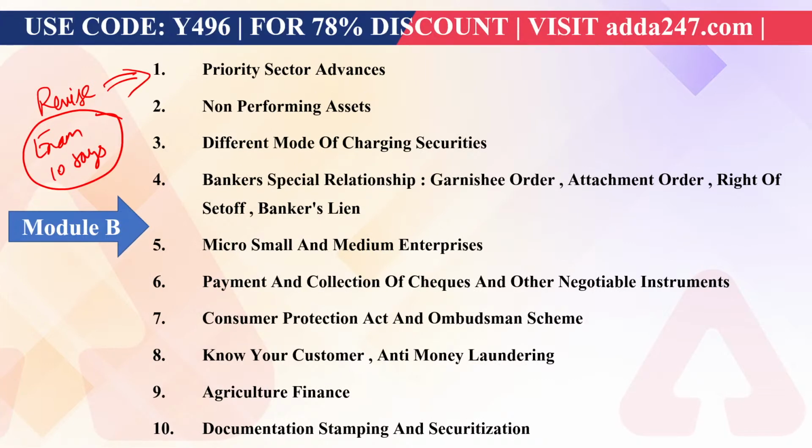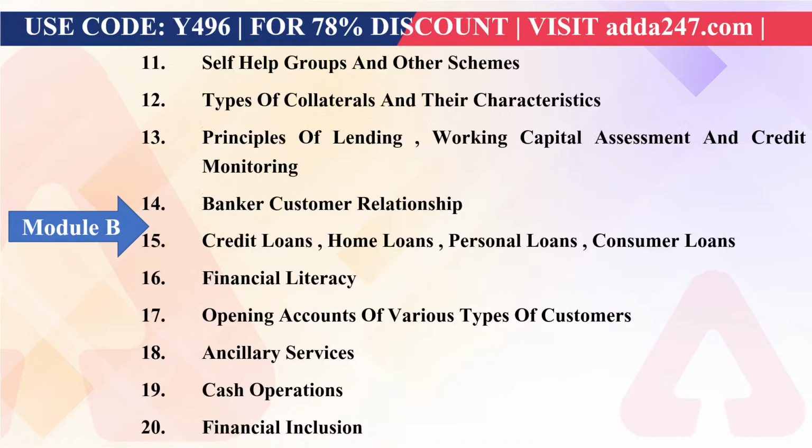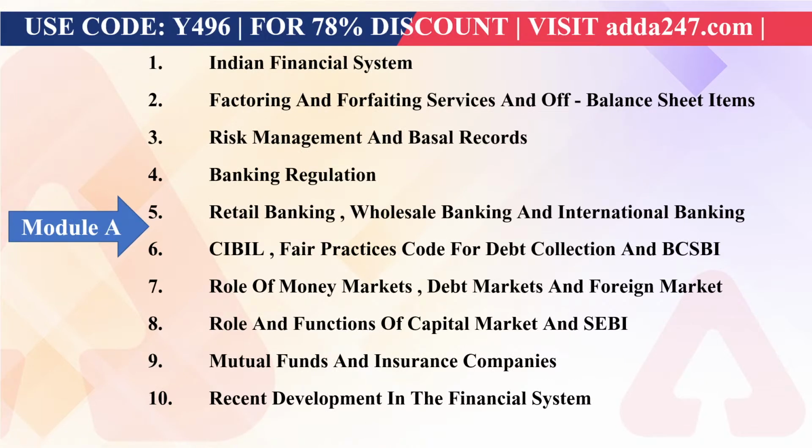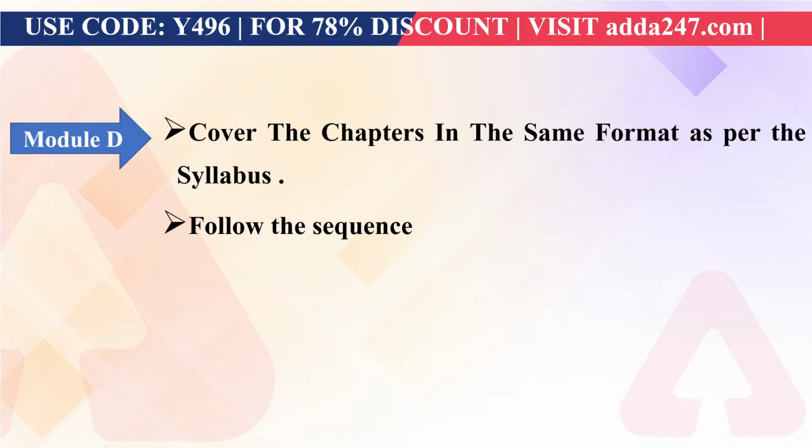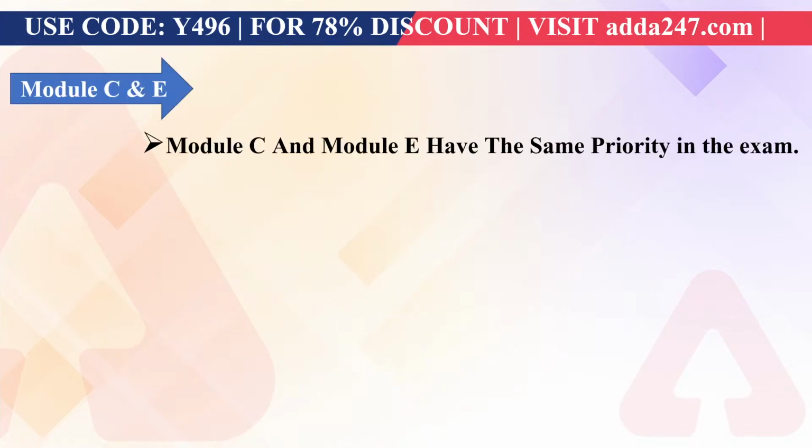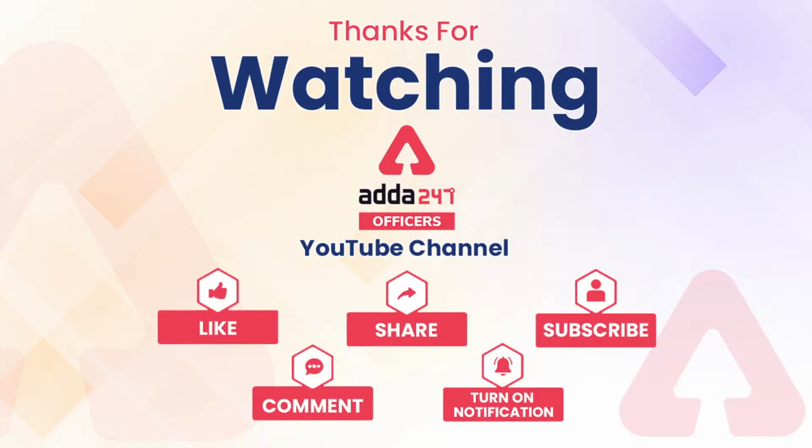This should be your strategy: before the exam, you cover all the modules according to the duration I have given you, and ten days before the exam, you revise these topics in module B, and these 10 topics are important in module A. Module D, you have to cover everything. Module C and E, you have to cover everything, but modules A and B cover 50% of your syllabus, so you have to give priority to the certain topics which I have told you.